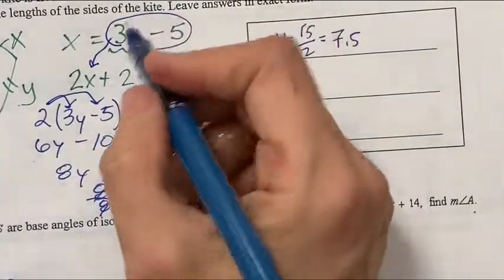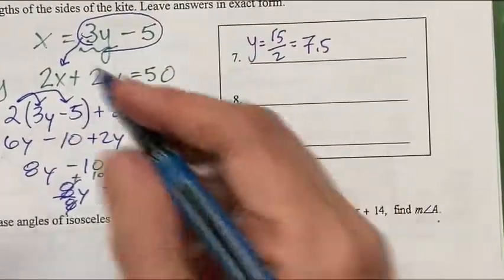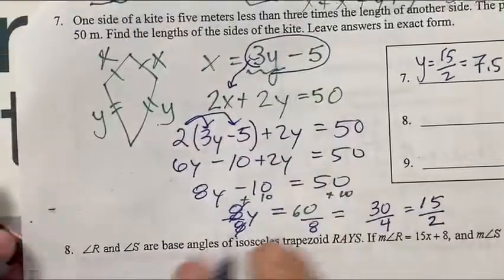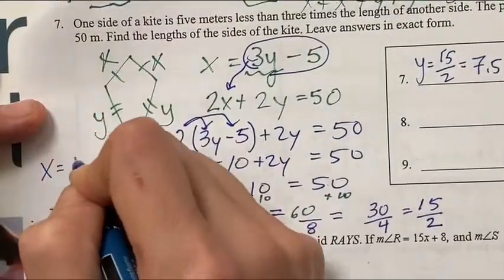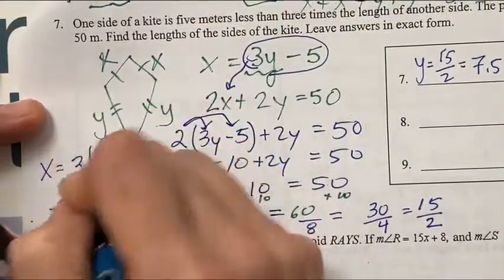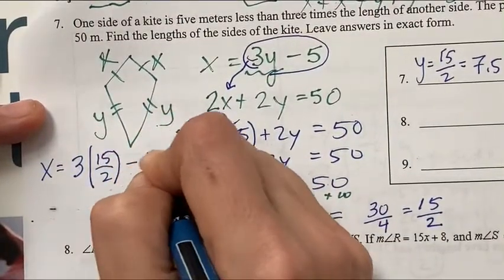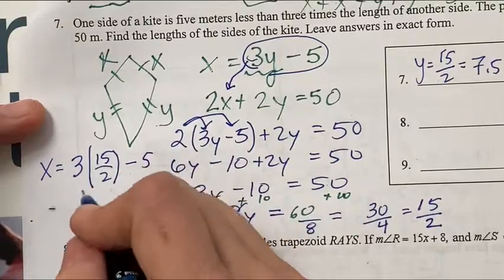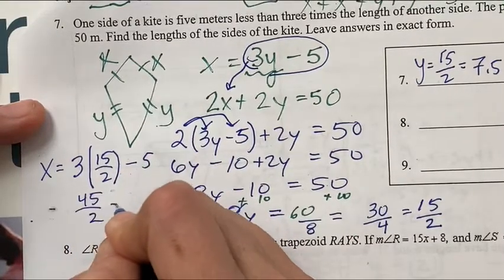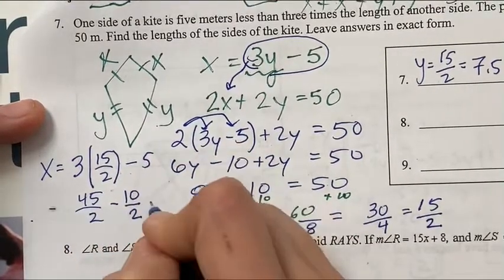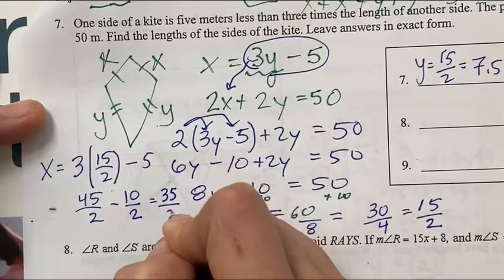Okay, now let's plug this back in. X is equal to 3 times my 15 halves minus 5. So that would be 45 halves minus 10 halves would be 35 halves.